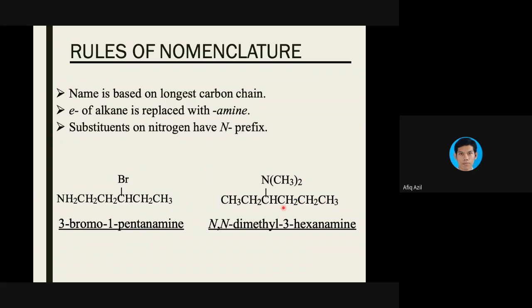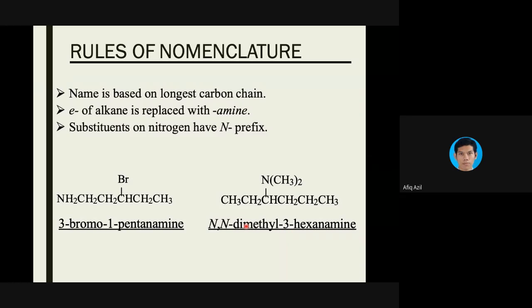So 6 carbons. This makes it the longest compared to this methyl group. So from hexane, it will be known as hexanamine. But then we see that the nitrogen is bonded not to the first carbon but to the third carbon. So you have to write 3-hexanamine.